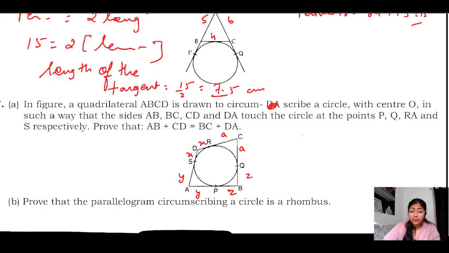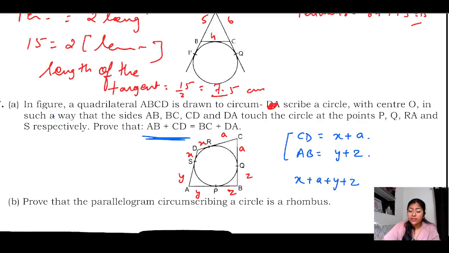CD is equal to X plus A, right? AB is equal to Y plus Z. Add these two equations. We are solving the LHS. So LHS will be X plus A plus Y plus Z. That is AB plus CD is equal to this.